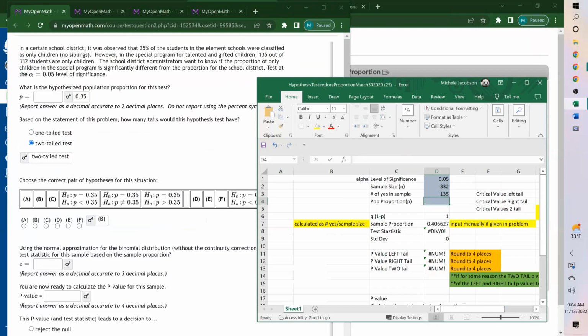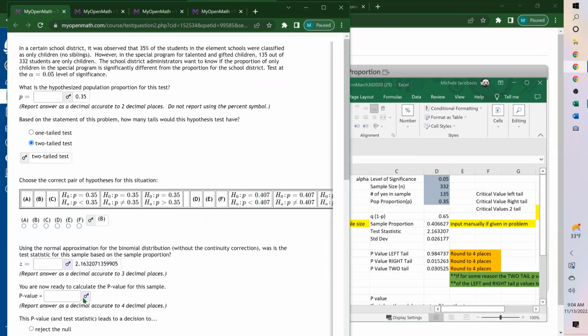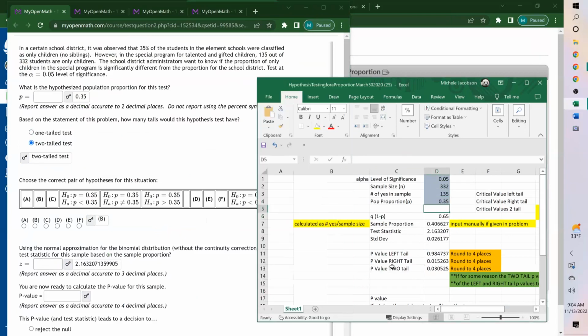The proportion comes from your null and alternative hypothesis, 0.35. Our test statistic here is 2.16. The p-value depends on if it's a left, a right, or a two-tail. We said it was a two-tail test, so it's the 0.0305 there.